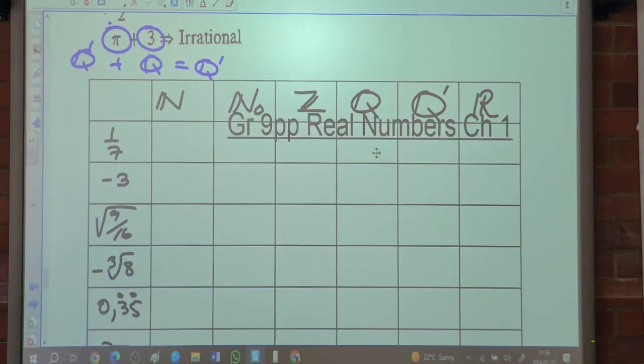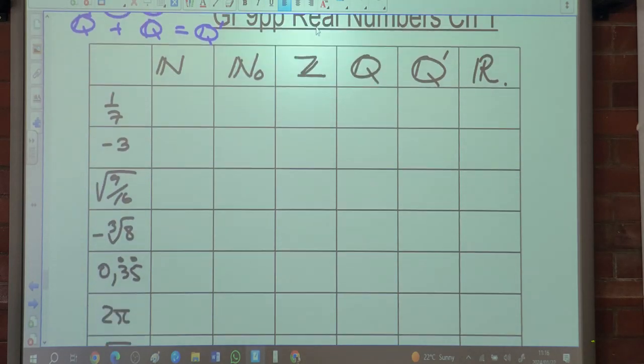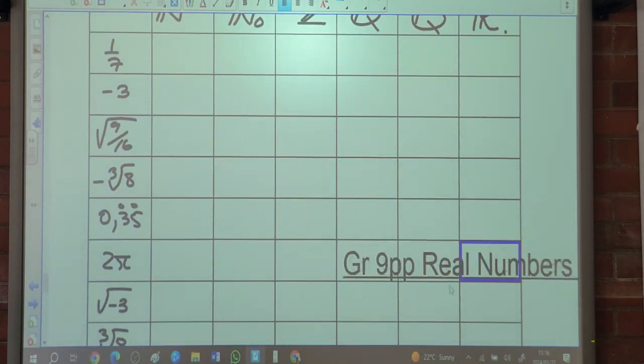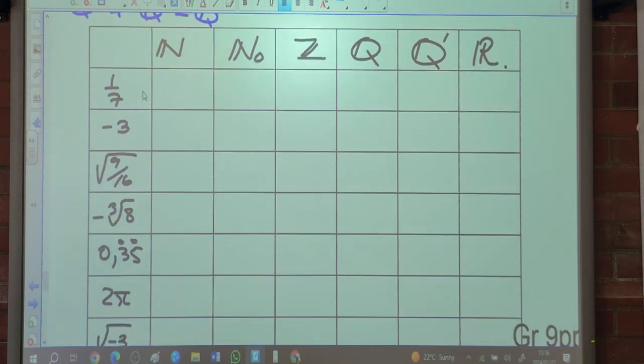So this is how we're going to give it to you in your exam. It will be in a table format like we have here. Okay.